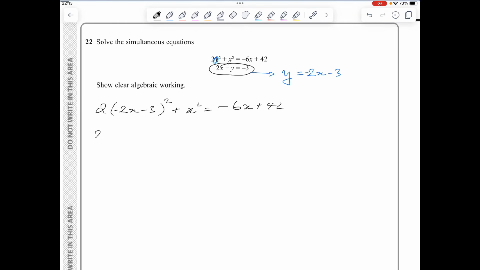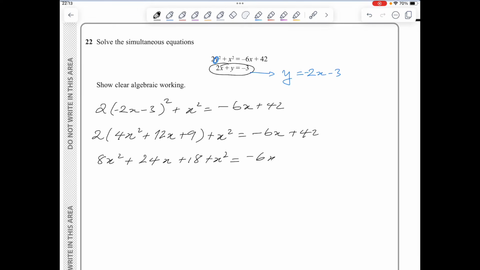Let's expand. 2 times 4x squared plus 12x plus 9 plus x squared equals minus 6x plus 42. Further expansion will give me 8x squared plus 24x plus 18 plus x squared equals minus 6x plus 42.